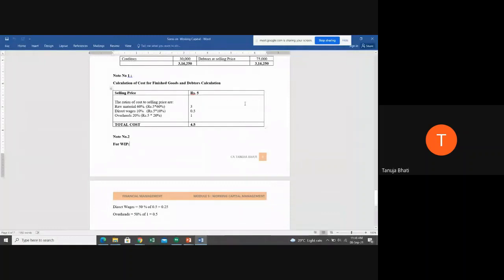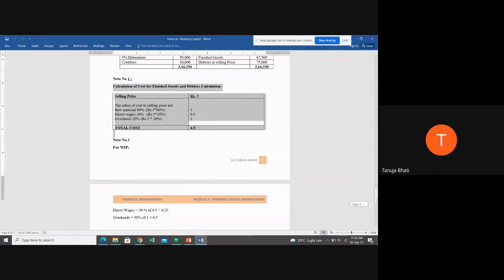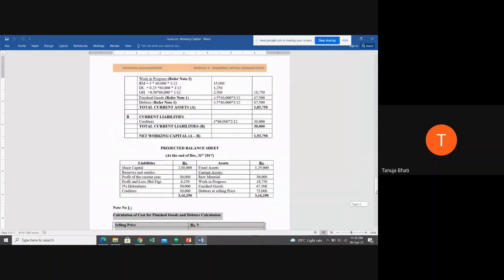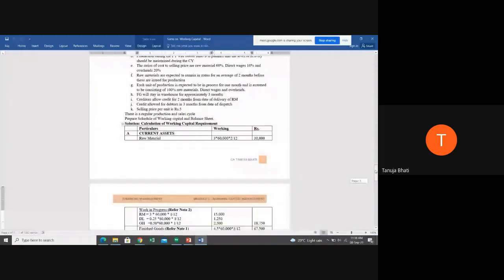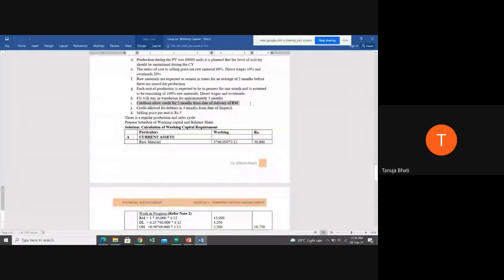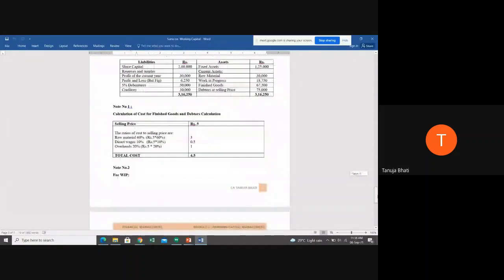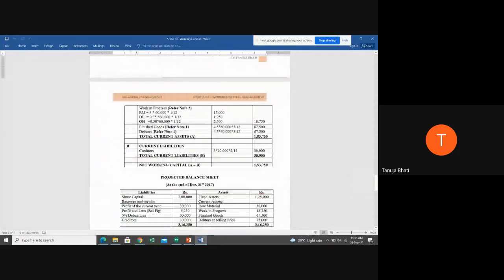So what is the amount of raw material here? 3. So 3 into 60,000, because 60,000 is the units of production, into 2 by 12, because it is given that the credit allowed to the creditors is 2 months. So you got 30,000.